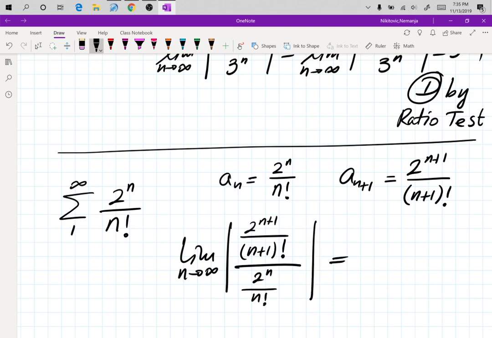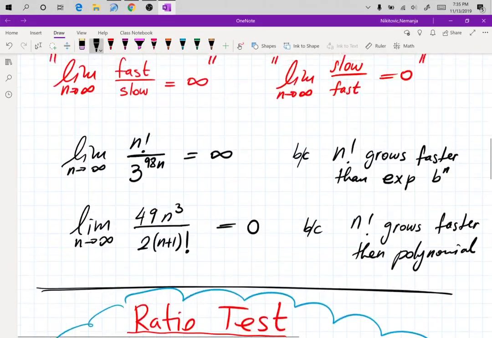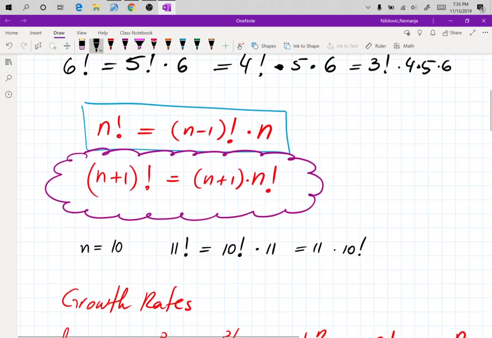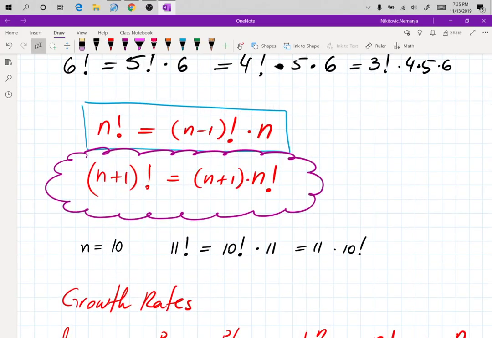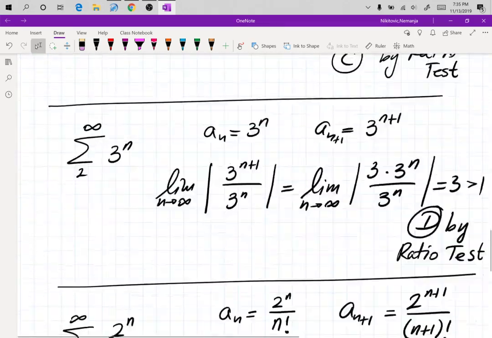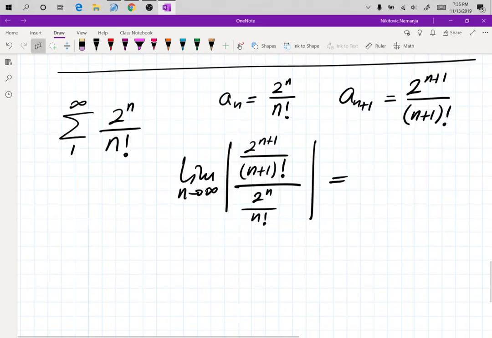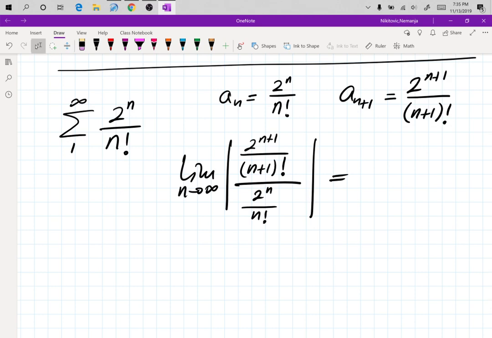And the rest is algebra. You have to peel off a factorial using the factorial formula, and then you also have to peel off the 2 from the exponent. Cancel, and you're done.